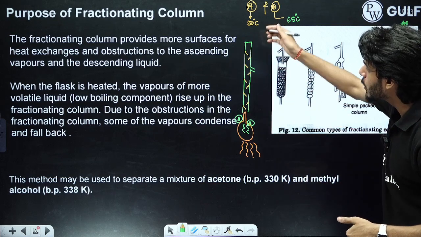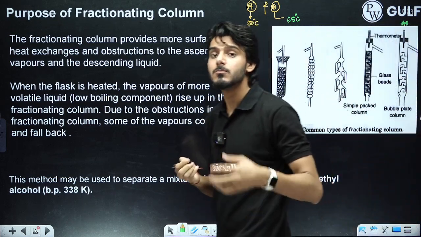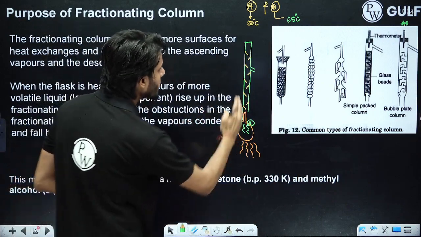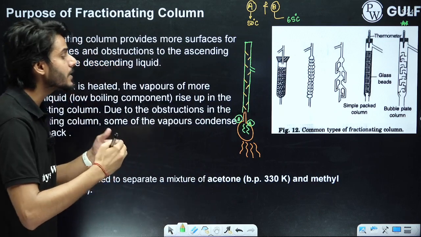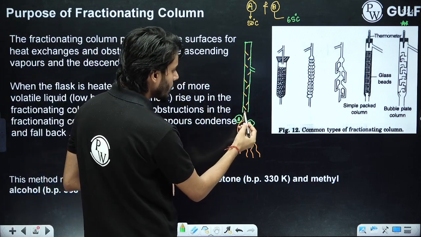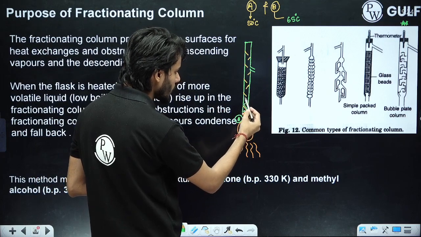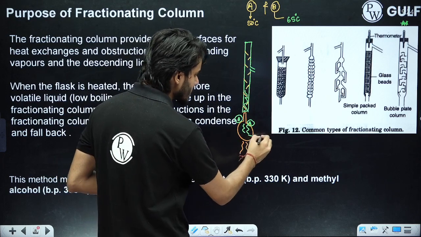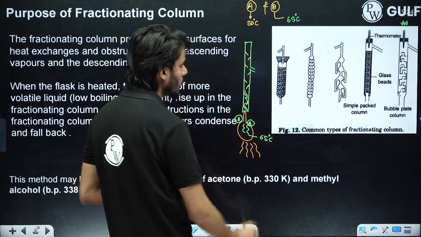This fractioning column is giving some obstacles in the pathway. Just because of that, the movement of vapor becomes a very lengthy process. And during this lengthy process, let's suppose the vapor of A is traveling from here. The temperature at this point was 65 degrees Celsius, because both of them vaporized.